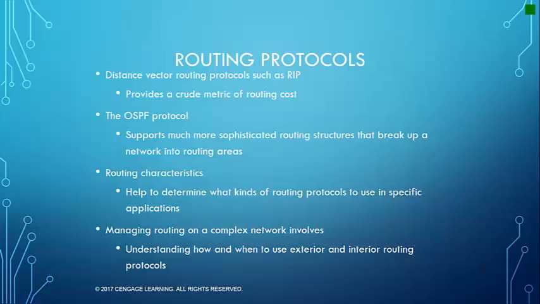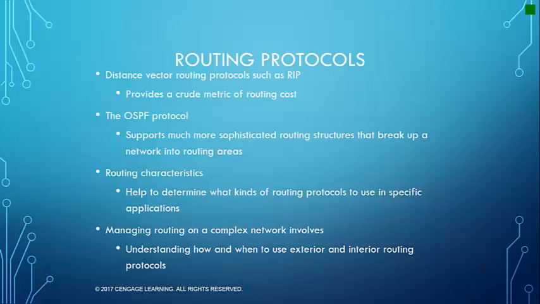Link state routing protocols such as OSPF have more sophisticated routing metrics and controls, and they not only can deal with multiple routes between the sender and receiver, but they have more powerful route metrics to balance load across the links or fail over from less expensive to more expensive routes as needed.